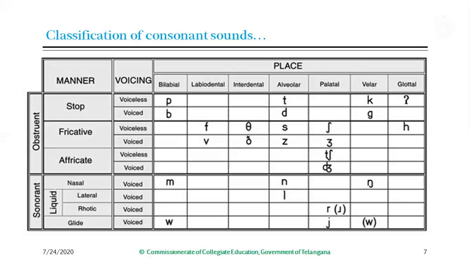What are voiceless sounds? When we don't find any kind of vibration with our vocal cords while producing this kind of sounds, they are called voiceless. For example, pa, we don't find any vibration with our vocal cords here. Ta, ka, fa, ta, sa, sha, ha, cha.